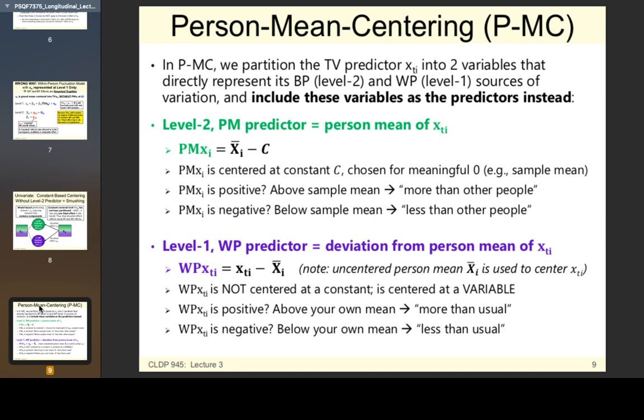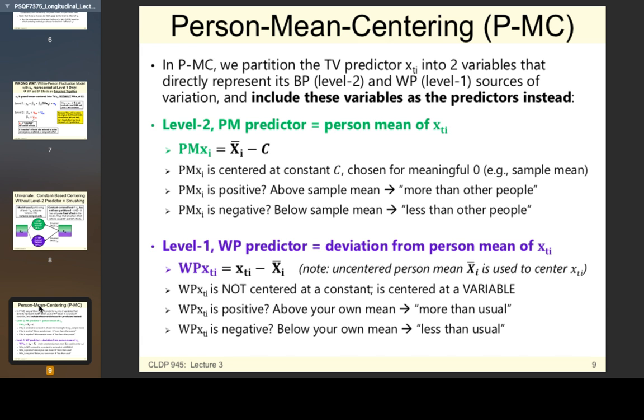In longitudinal data, the easiest way to fix it is to make the two variables directly yourself that represent the variability at each level. At level 2, we take the person's mean across occasions and center it so that it is meaningful. For instance, if we picked the grand mean of this variable as our centering constant, higher values on this new person mean x would mean I have more of it than other people. At level 1, we take that person mean and use it as the centering point.